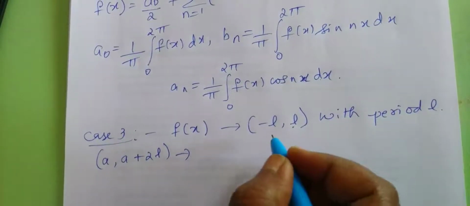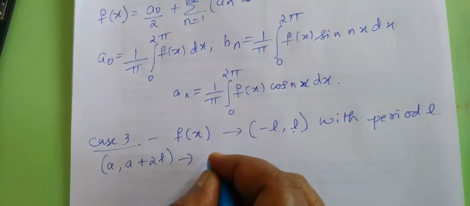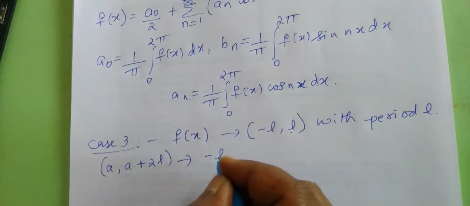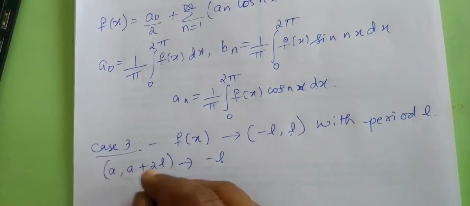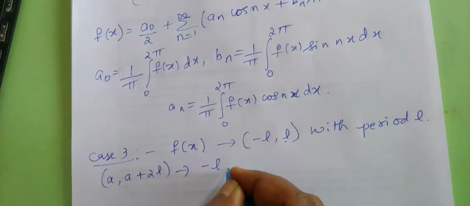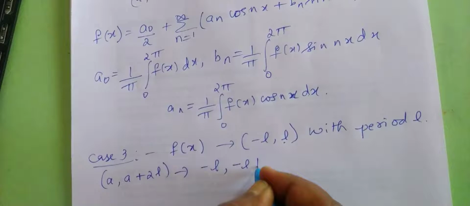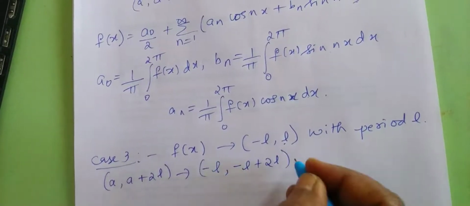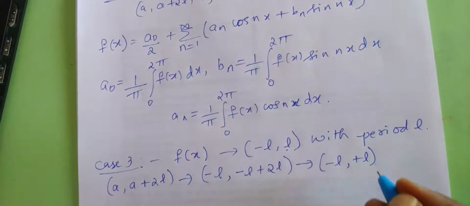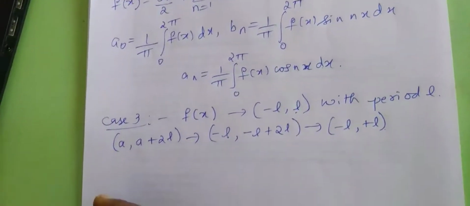Now in place of a, it is minus L, so you write minus L comma minus L plus 2L, which will be minus L comma plus L. So it is running between minus L to plus L.